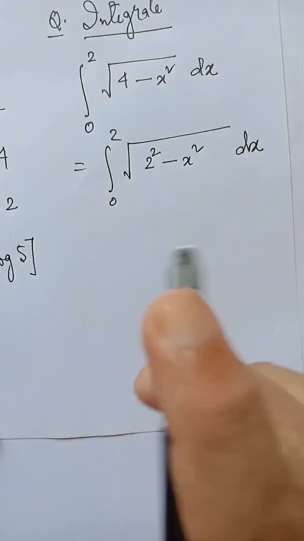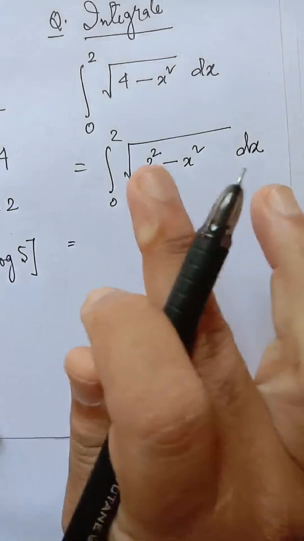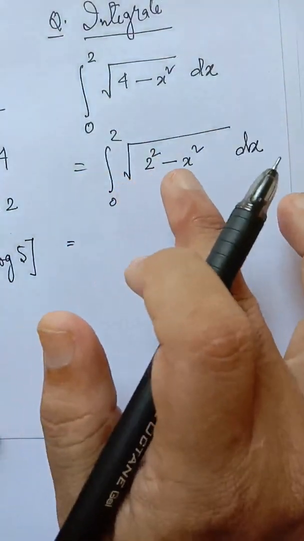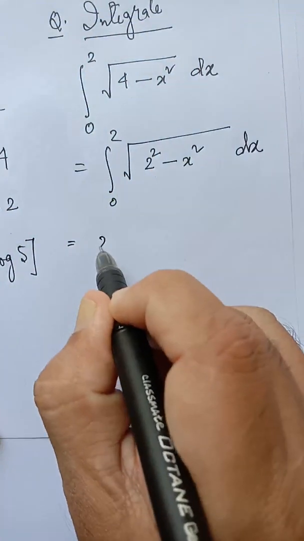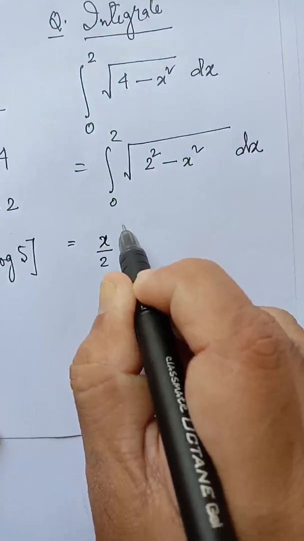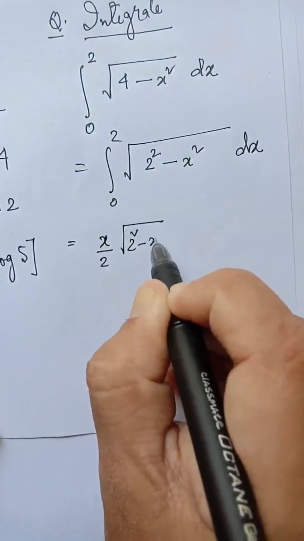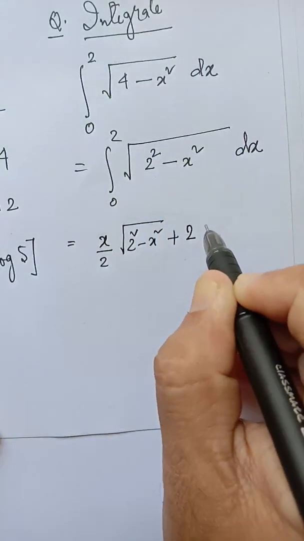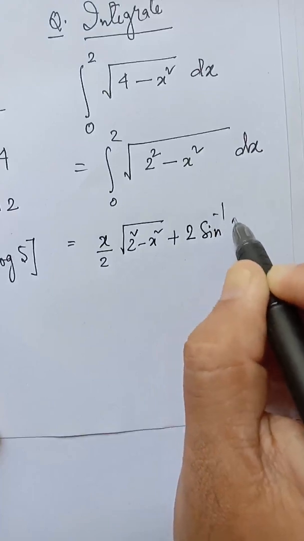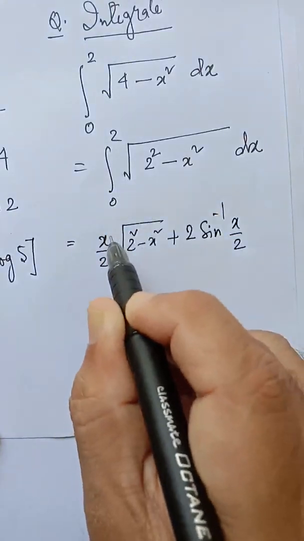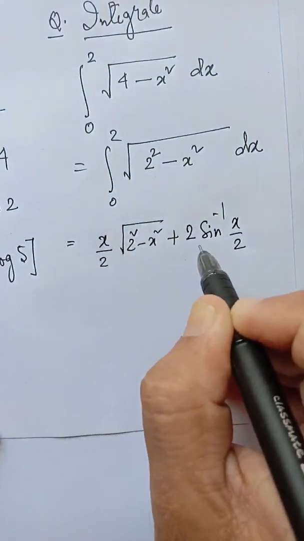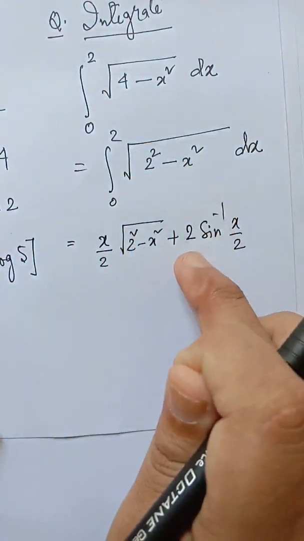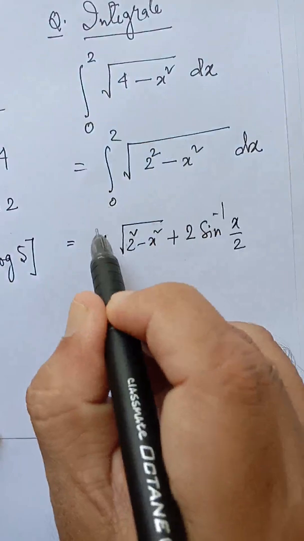There we got the formula: the integration of root over a square minus x square is x by 2 root over a square minus x square plus a square by 2 sine inverse of x by a. Here a square is 4, so 4 by 2 is 2, sine inverse of x by a.